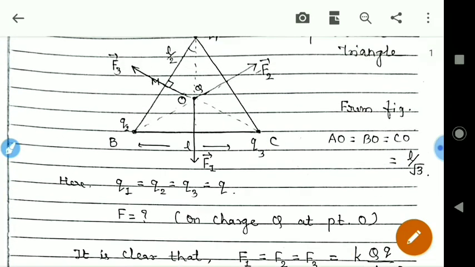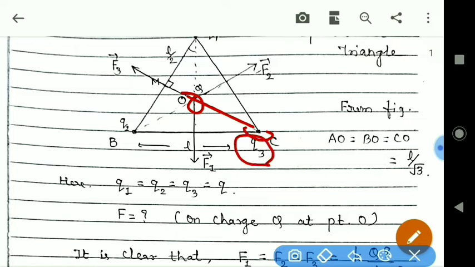Similarly, the force between these two charged particles will be the same as earlier. Again, it is because the magnitude of this charge and this charge is the same as earlier, as well as the distance remains the same.